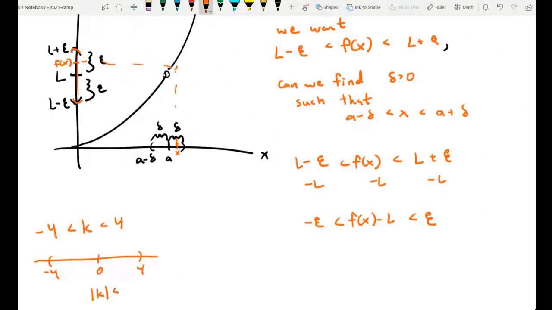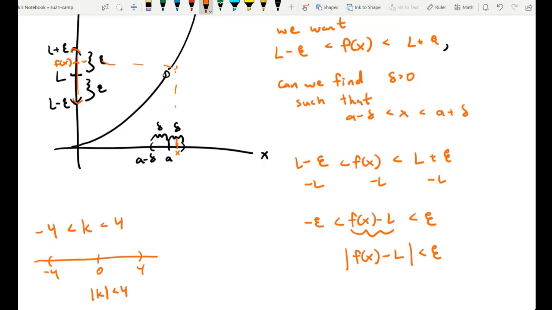So to say that this quantity is between negative epsilon and positive epsilon is to say that the absolute value of f of x minus the limit is less than epsilon.